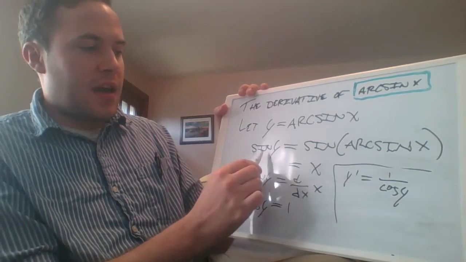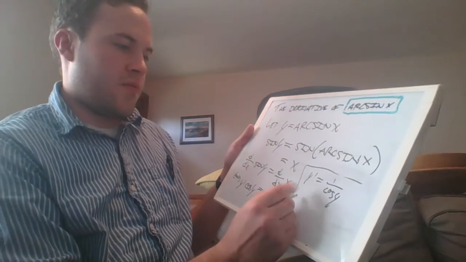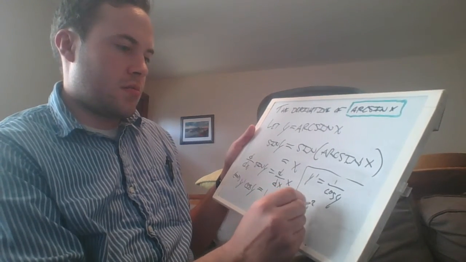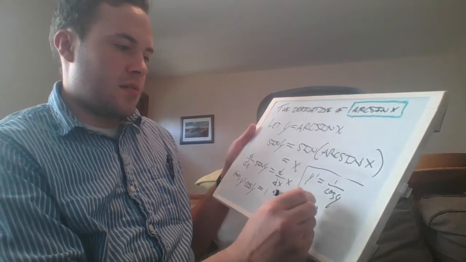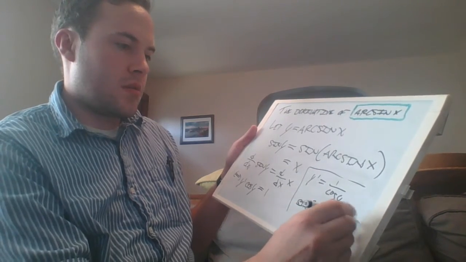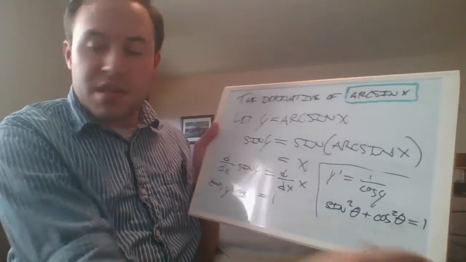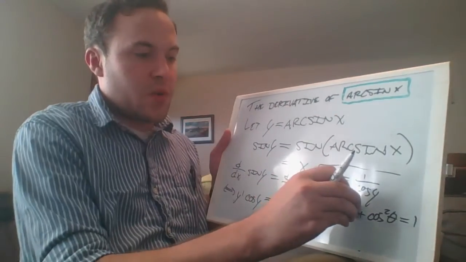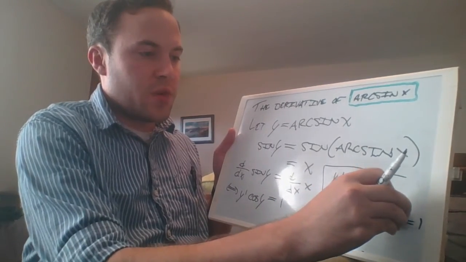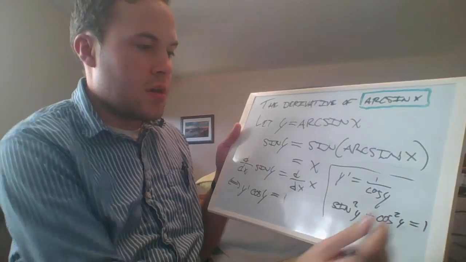And we know that sine and cosine are very intimately related by the formula, this fact, sine squared theta plus cosine squared theta is equal to 1 for any theta. And so what that means for us is that sine squared of y plus cosine squared of y is equal to 1.